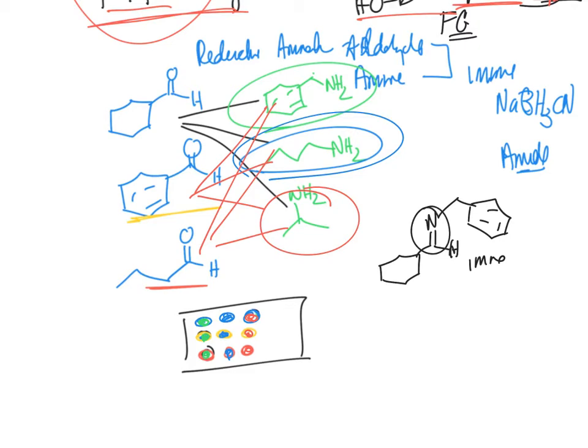And then it would reduce this to the, oh, actually, we're just making amines here, not amides. All right. Okay. And then that would get reduced, and you'd make that amine in this well here.